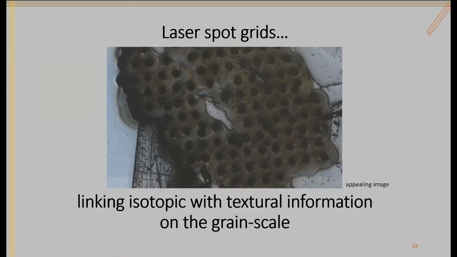We can image our granite-cave feldspar in detail prior to isotopic analysis, and then we have textural information that we can link to the isotopic information for every individual spot ablation, for every individual analysis.